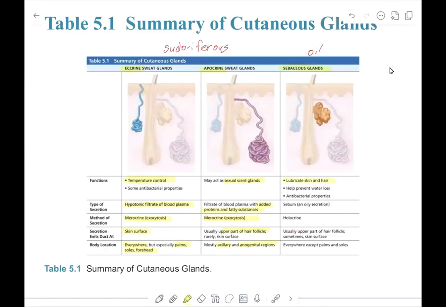So they lubricate the skin and hair. They secrete sebum, which is an oil secretion. They work as holocrine glands, and they're everywhere except the palms and the soles, sometimes in the upper part of the hair follicle.